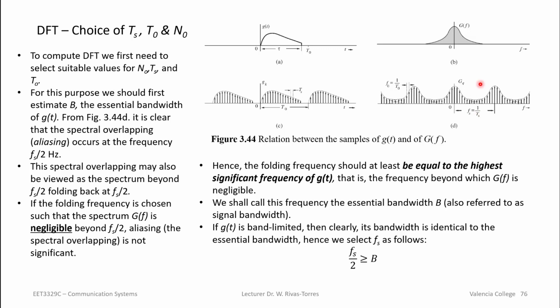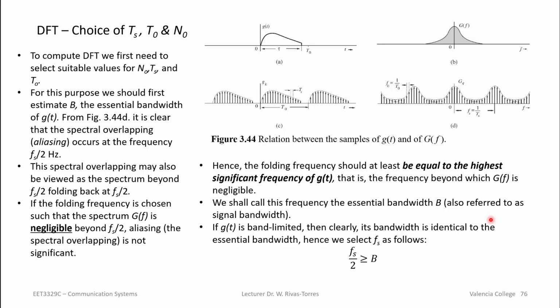So if the total bandwidth of your signal is greater than Fs, these spectral copies in the frequency domain begin to overlap, and we call that aliasing. Aliasing is not a good thing. You actually want to avoid aliasing.